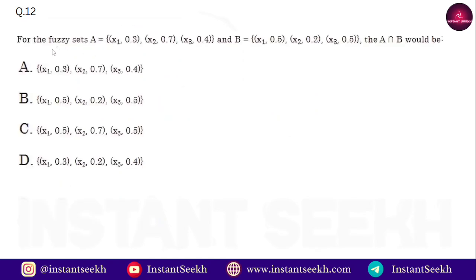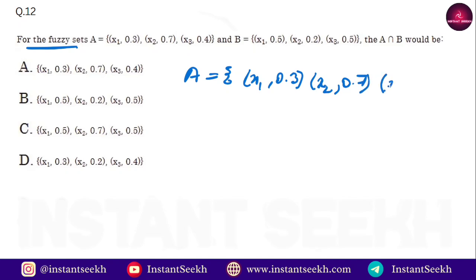Okay, fuzzy sets are given. For the fuzzy sets, A is what? (x1, 0.3), (x2, 0.7), (x3, 0.4).